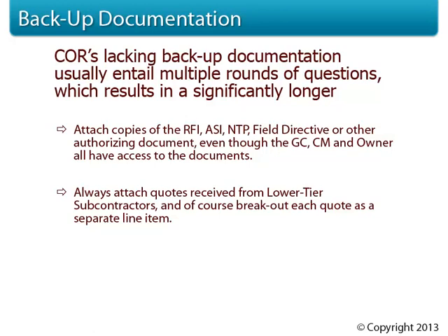Always attach quotes received from lower tier subcontractors, and of course break out each quote as a separate line item. This not only provides proof of the cost, but it also shows the reviewers and approver that you're not trying to hide anything. The more backup documentation that's attached to a change order request, the higher the comfort level the reviewers and approver will have. This is what we want.